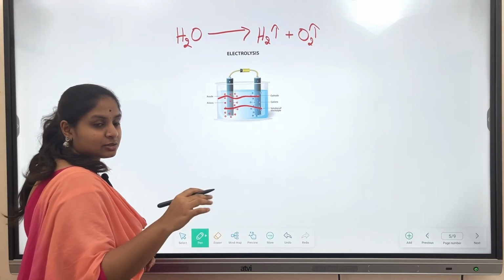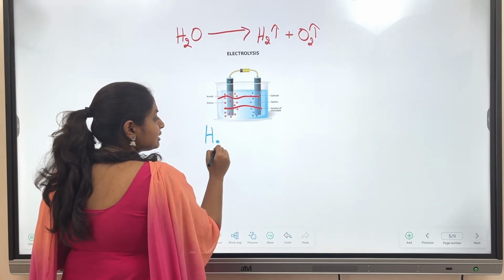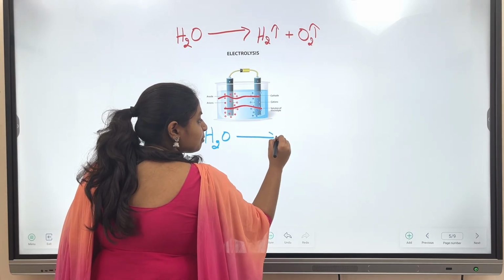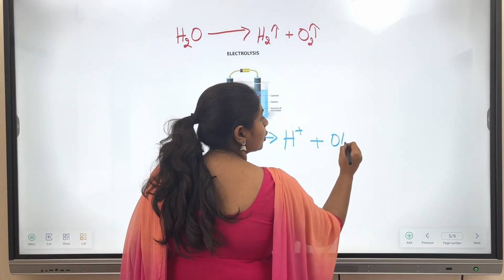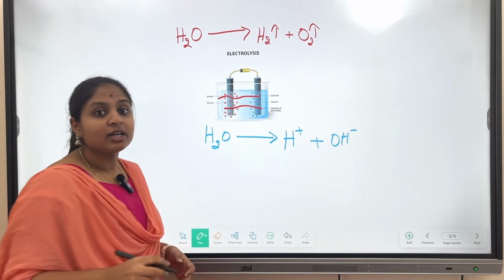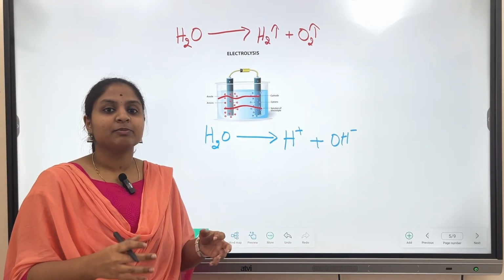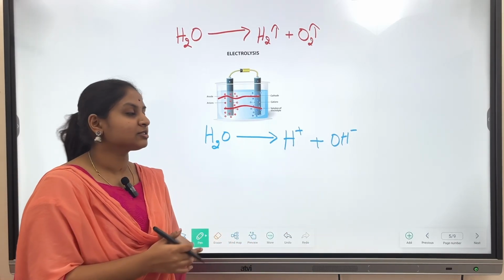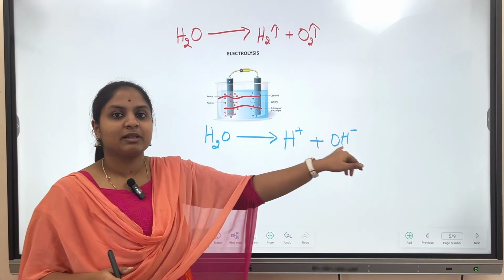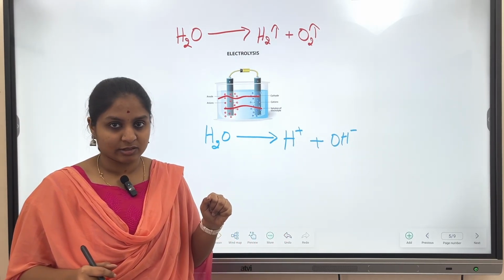When the current passes through water, this H2O will split up as H plus and OH minus ions, because when electricity is passed, they have to carry that current. That's why they are forming H plus and OH minus ions.